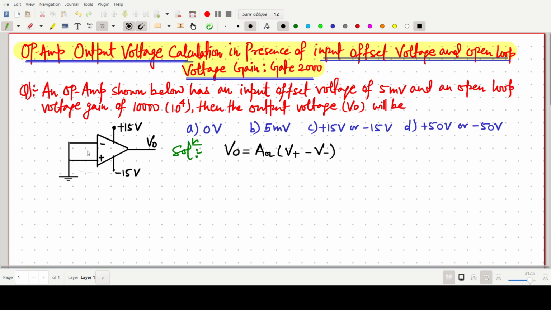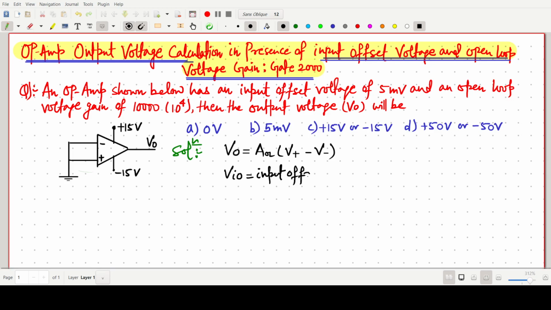So in this question, it looks like the inverting in and non-inverting in are both grounded. So if we say like this, it will be 0 volt. But in the question, it is clearly mentioned that the input offset voltage is given as 5 millivolt. So we can say input offset voltage is given, this value is 5 millivolt.